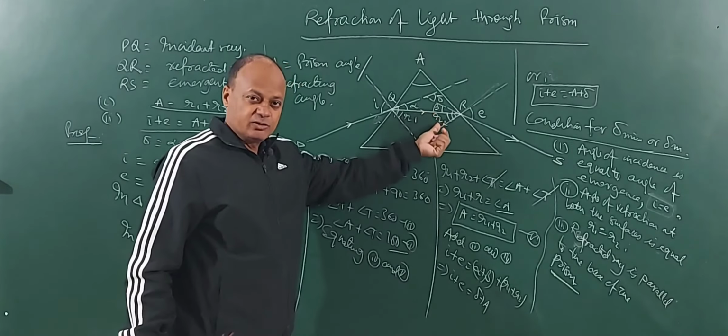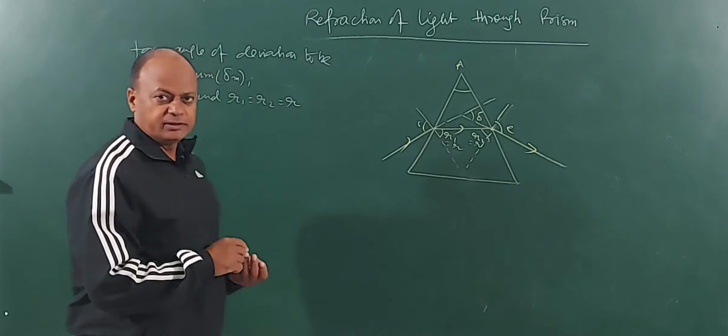For angle of deviation to be minimum, meaning for delta m, we have I equal to E and R1 equal to R2, and let's say each angle is R, because when these two angles are equal, they will have a fixed value. So R1 becomes R and R2 also becomes R. Clear?